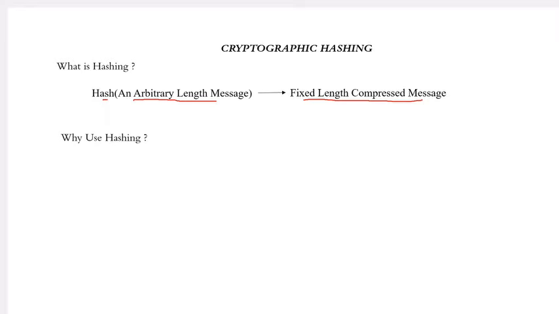So why do we use hashing? Number one, it is easy to compute. Number two, it is pre-image resistant, which means it is a one-way function where a hash on a particular x gives you y, but if you do an inverse function on y, it will not give you back x.